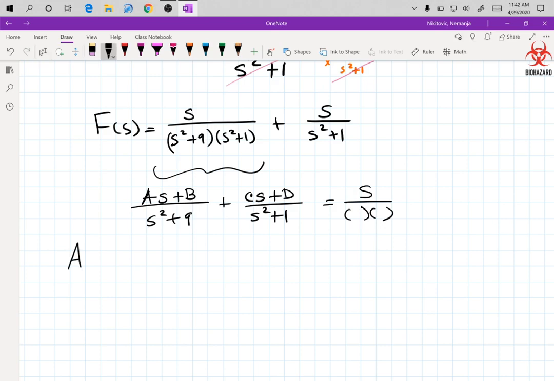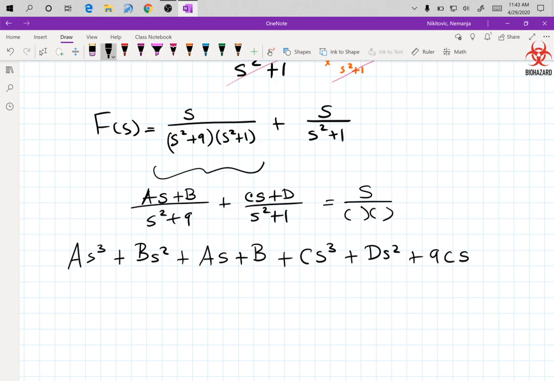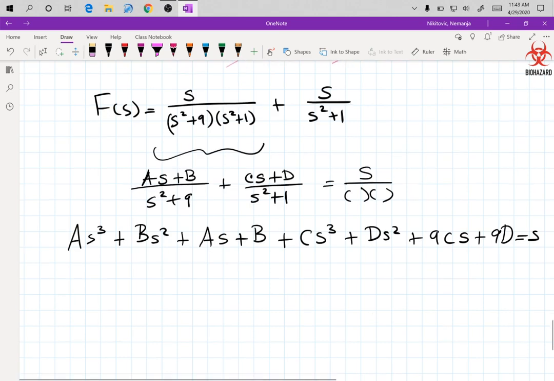That's going to be as cubed plus bs squared plus as plus b plus cs cubed plus ds squared plus 9cs plus 9d equals s. Awesome. We have an equation for s cubed, an equation for s squared, an equation for s, and an equation for the constant.